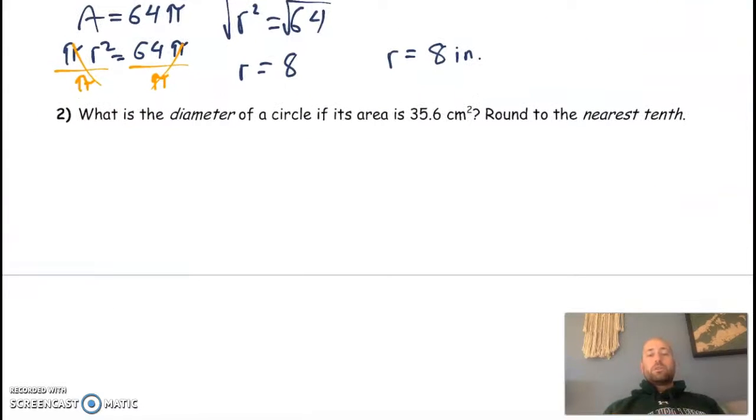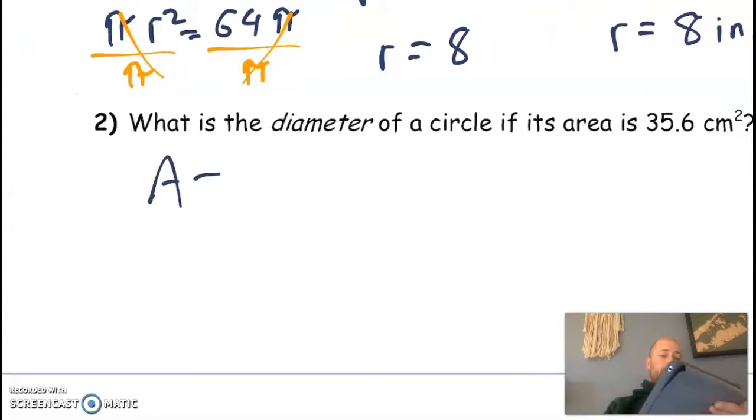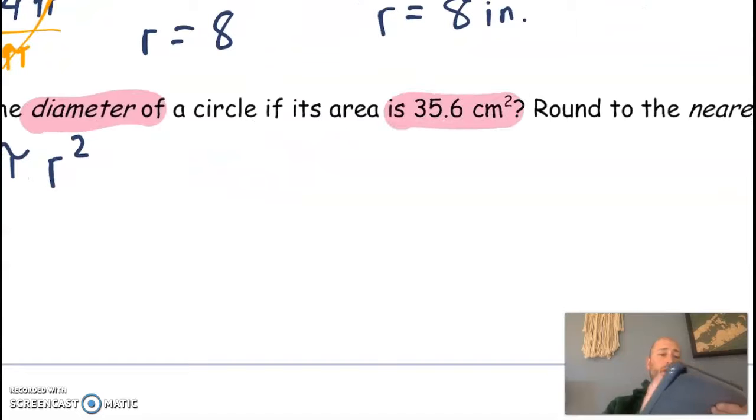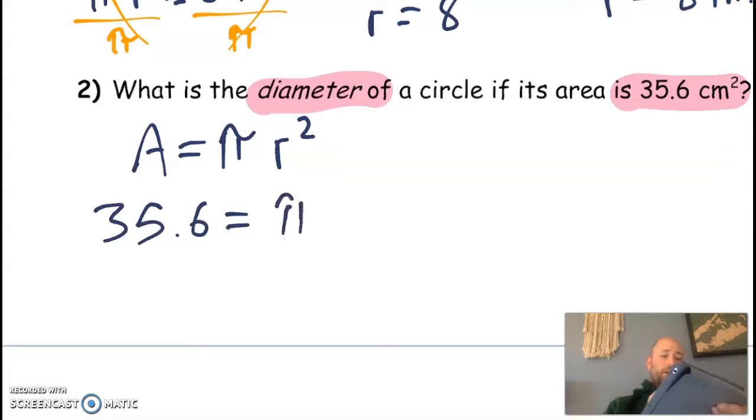Okay, hopefully number 1 went well. Please try number 2 now. What is the diameter if the area is 35.6? So area equals pi times the radius squared. I'm looking for diameter, so that's going to be one extra step at the end there. So 35.6 is equal to pi r squared.